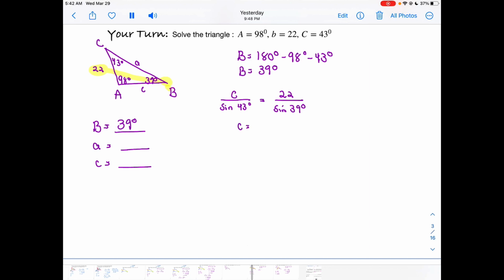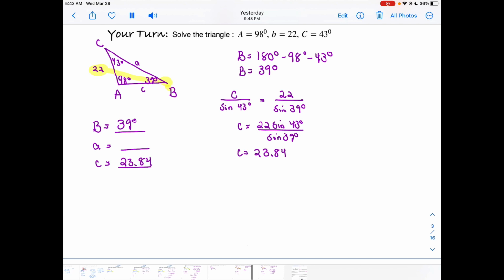And then I'm going to solve this for side C by multiplying each side by sine of 43. And I figure out that side C is approximately 23.84. So the length of side C is approximately 23.84.